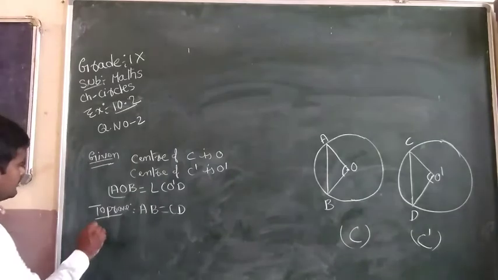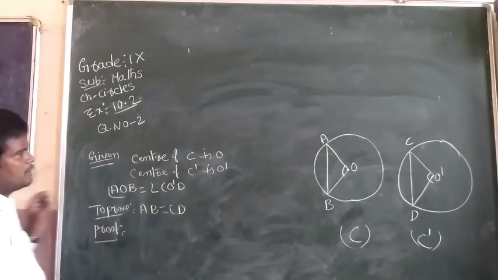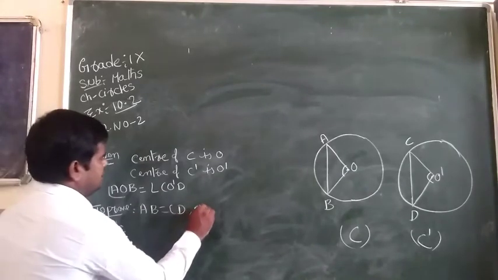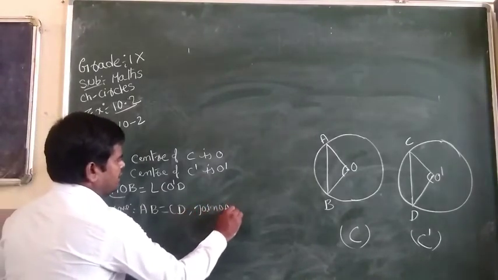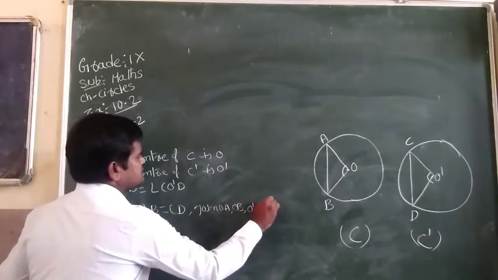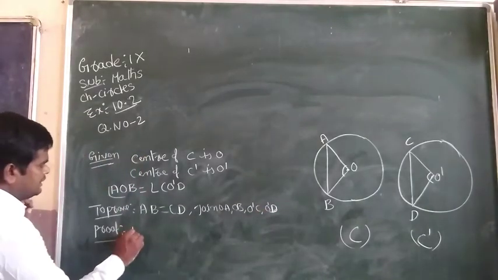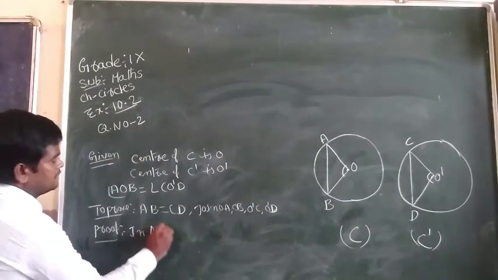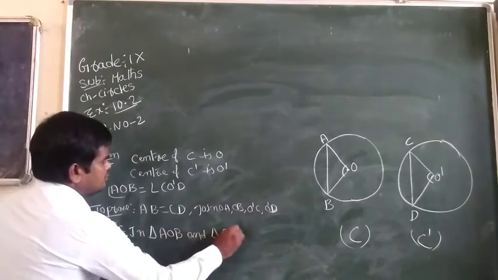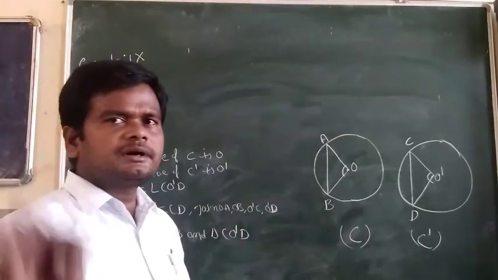Come to the proof. Join OA, OB, O dash C and O dash D. Proof: in triangle AOB and triangle CO dash D, take these two triangles.